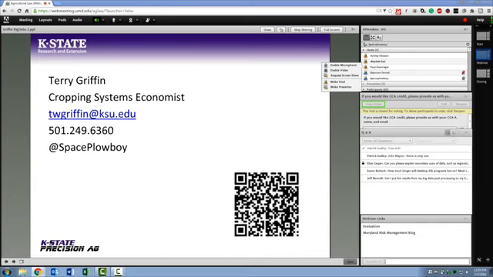The value to the aggregator will actually be greater than the summation of all the value received at the individual's level. This is just a characteristic of a network. So the aggregator will enjoy the majority of that value.